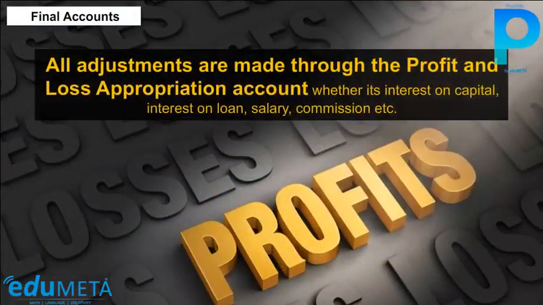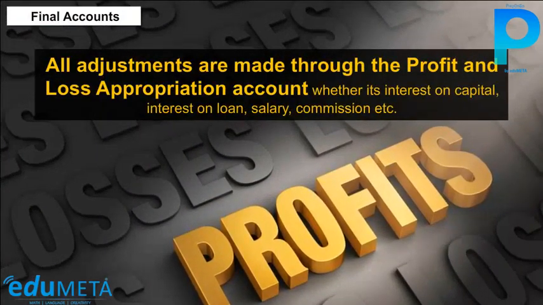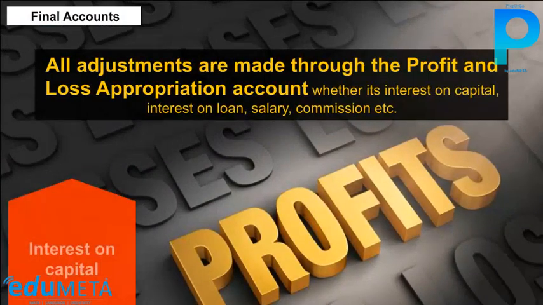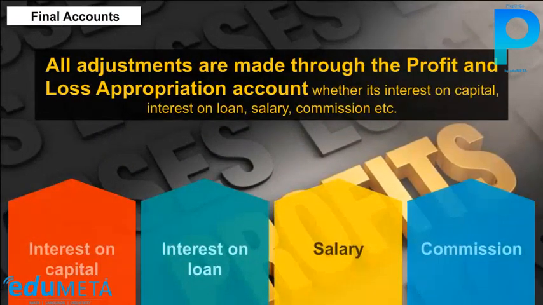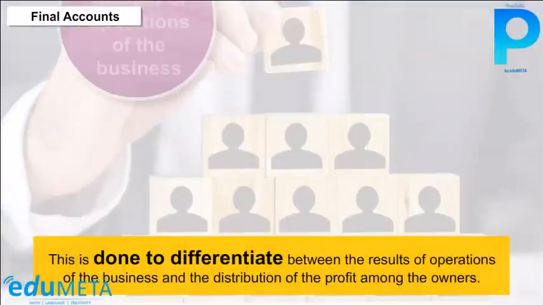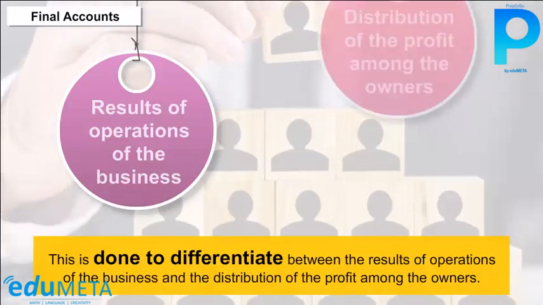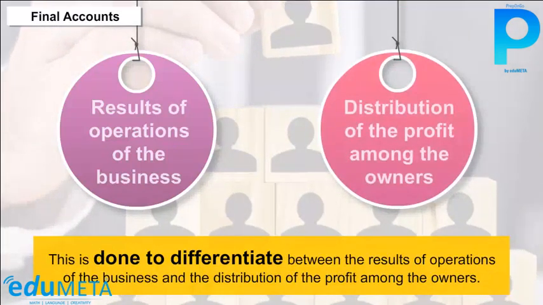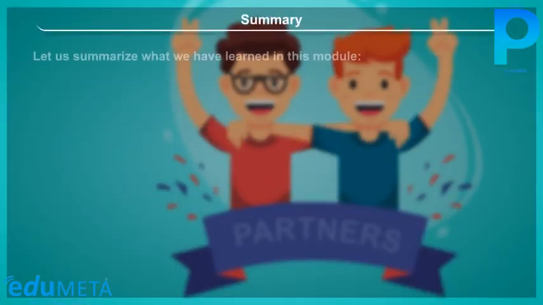All adjustments are made through the profit and loss appropriation account, whether it's interest on capital, interest on loan, salary, commissions, etc. This is done to differentiate between the results of operations of the business and the distribution of the profit among the owners. Summary. Let us summarize what we have learned in this module.